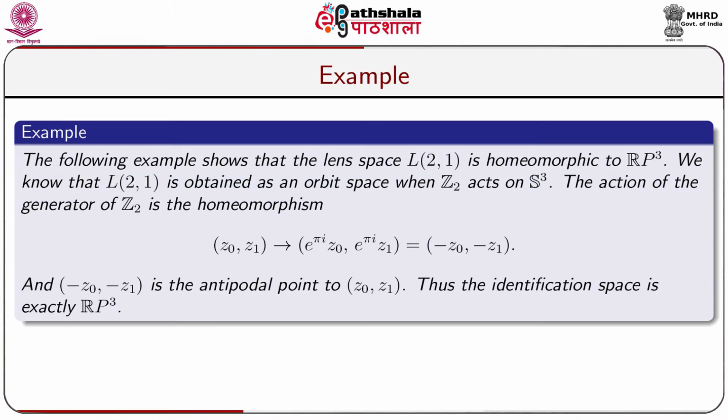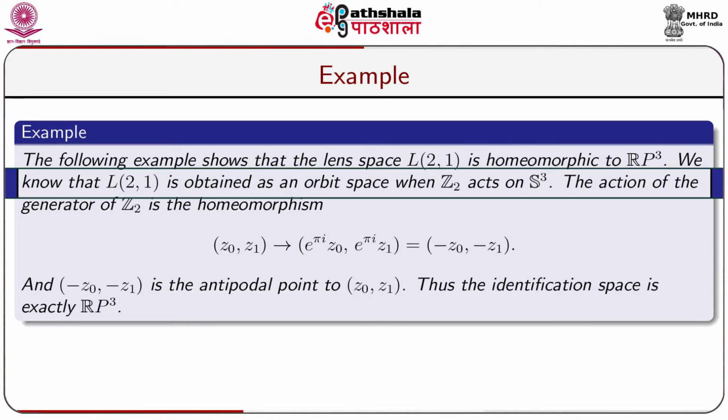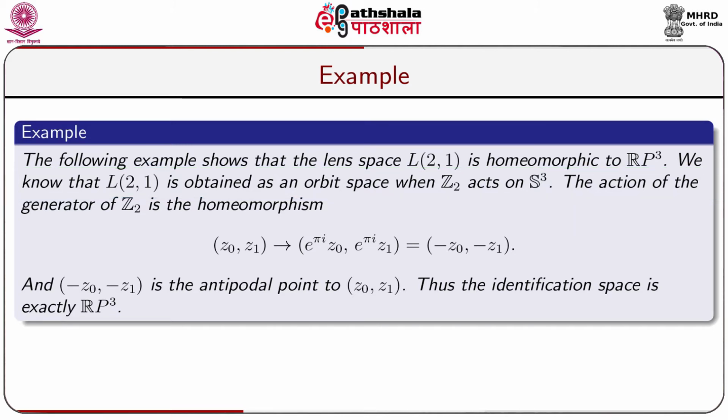We know that RP3 is in fact the orbit space of the action of Z2 on the 3 sphere S3. Also we know that L21 is an identification space of S3, the orbit space under the action of Z2.